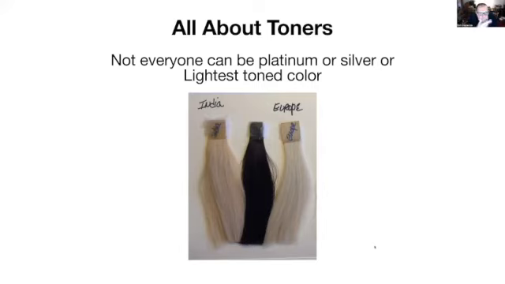Remember that even though all the color has been removed from the hair, the protein of the hair is a darker yellow color because most likely that person had a darker skin tone. So when you look at people with dark skin tone, they tend to have more yellow in their hair and therefore cannot necessarily be platinum or silver or the lightest toning colors that you can think of.